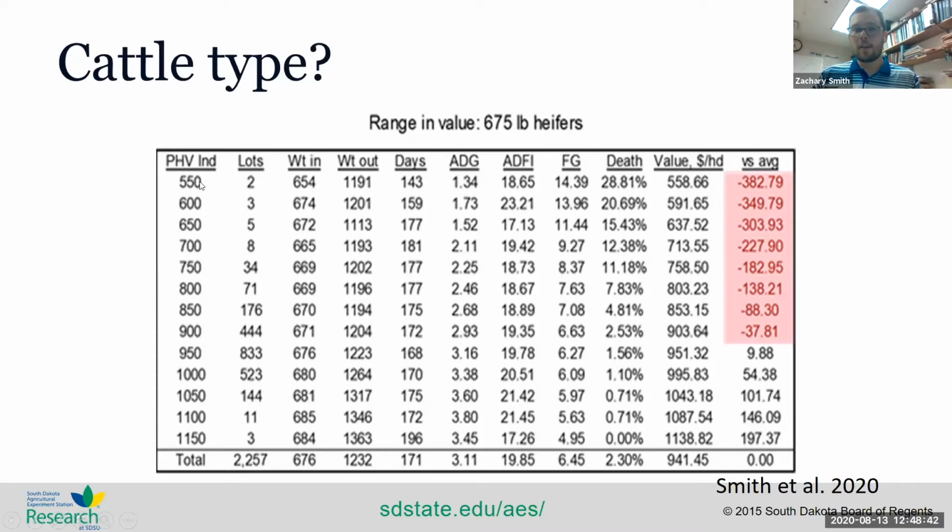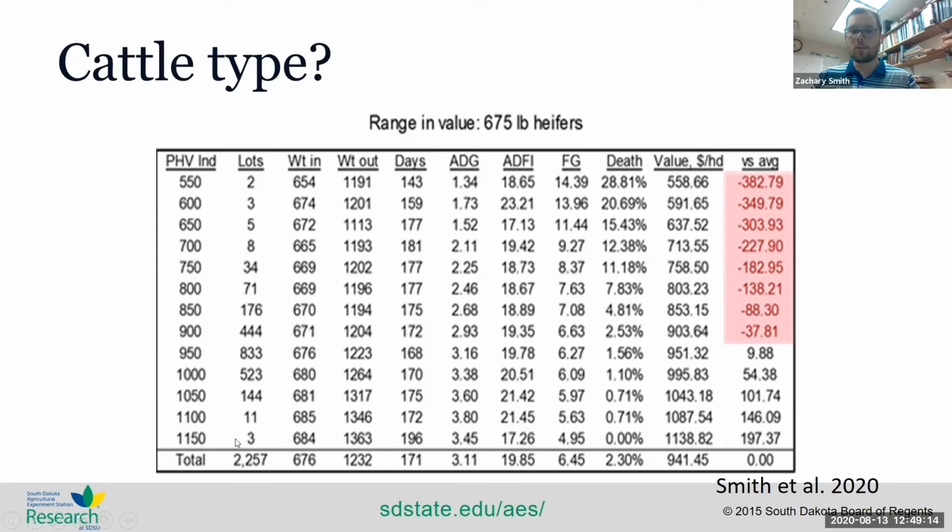So for these 2 lots of heifers that came in weighing 650, left at 1,200, spent 143 days on feed, this is deads-out average daily gain, 1.34, 20 pounds, 19 pounds intake, and they converted at 14.5 to 1, but had nearly 30% death loss. When you purchase those calves, you really could only afford to pay $560 and break even with them.